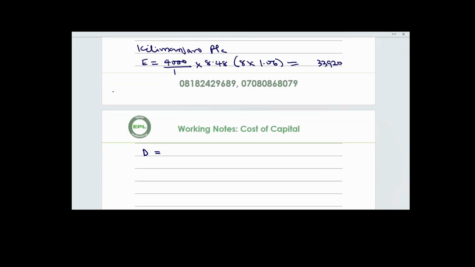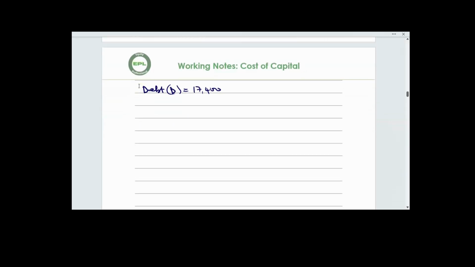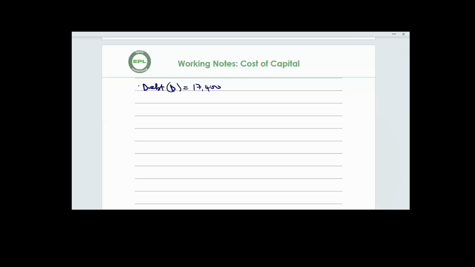Value of debt of Kilimanjaro. The bank loan of Kilimanjaro is 17,400. So I need to get the total value because we are going to use that when we want to calculate the WACC.